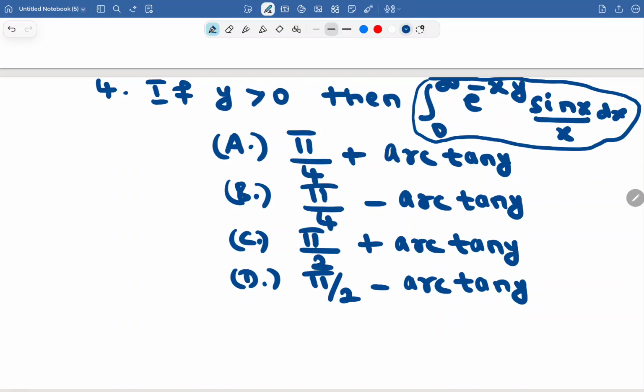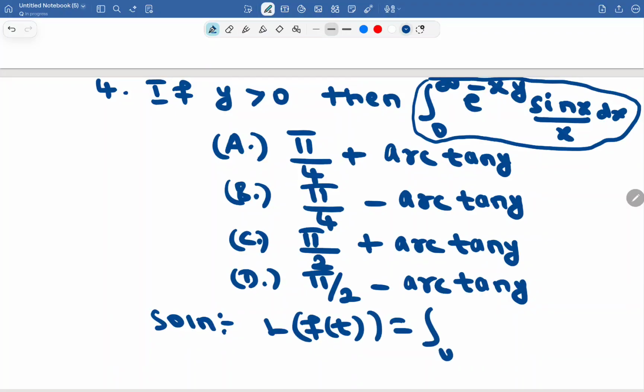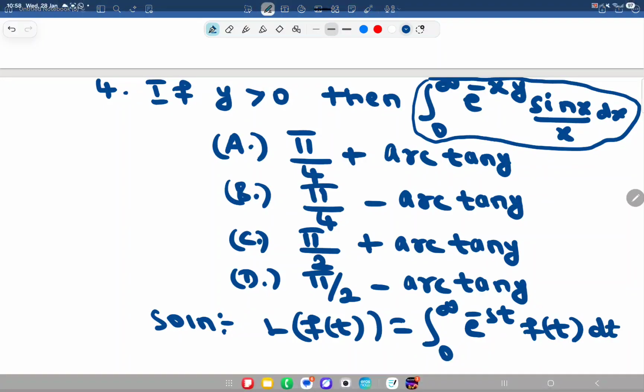I am going to use the definition of Laplace transform for this problem to get the final answer. Solution. Definition of Laplace transform: L of f(t), which is equivalent to integral 0 to infinity e power minus st f(t) dt.